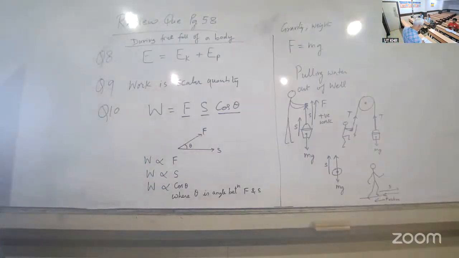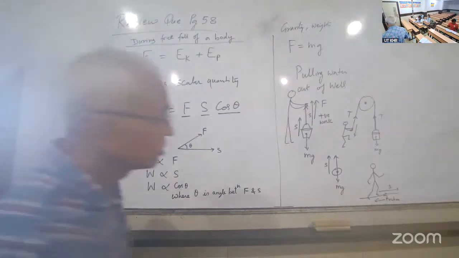So I gave you examples of positive and negative work. The work done by friction is negative.